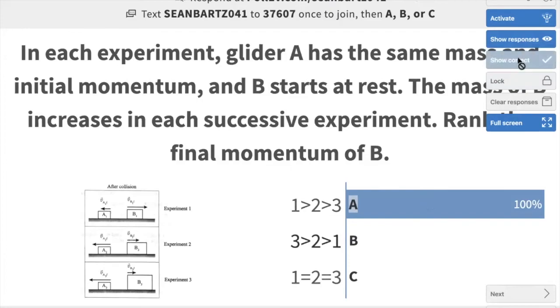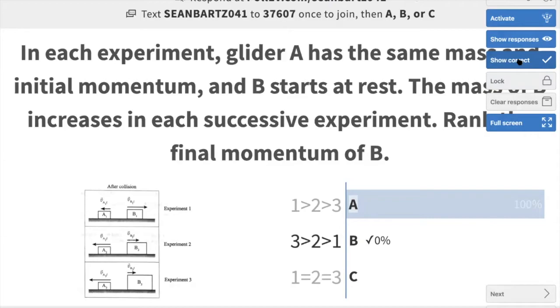Let's show the correct answer. Perhaps, clearly counterintuitively, since nobody picked this even initially, it's experiment 3, where object B is the most massive, where object B would have the greatest momentum at the end.